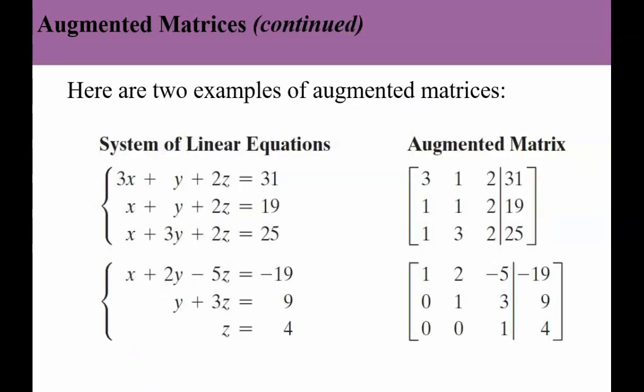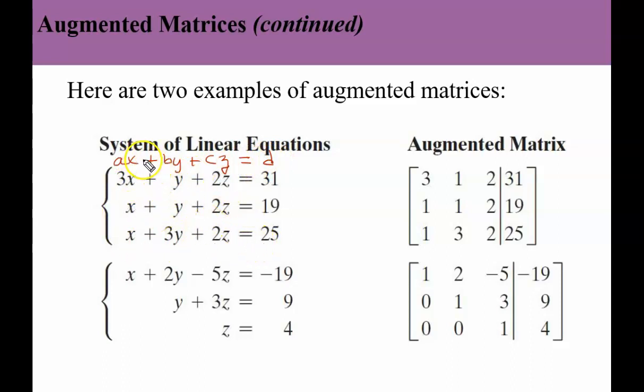Now, in order to set up a matrix, you must have the equations in standard form. So this would be like ax plus by plus cz equals some constant here. So these are set up properly.